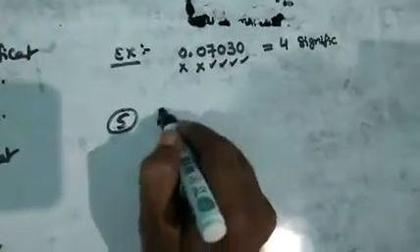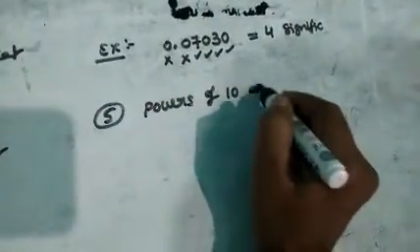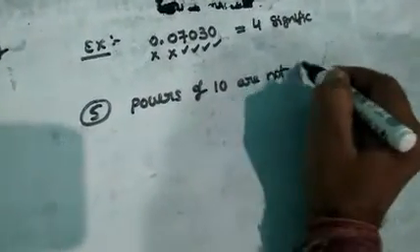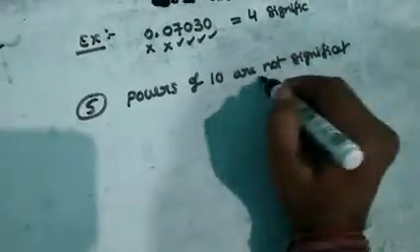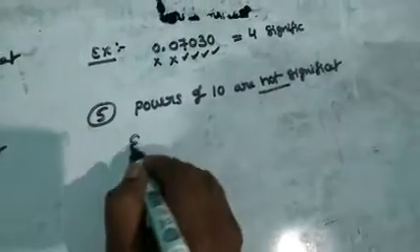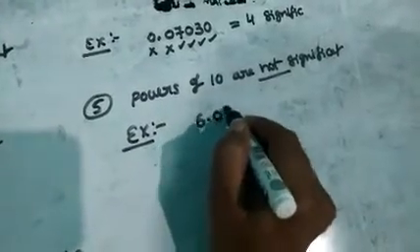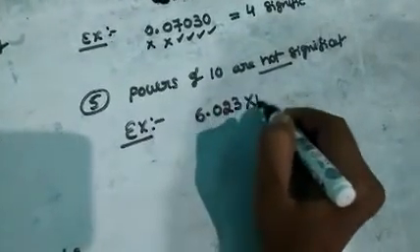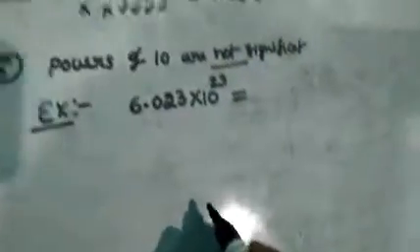Last one. Powers of 10 are not significant. They are not significant. Best example 6.023 into 10 power of 23, Avogadro number. How many significant figures?